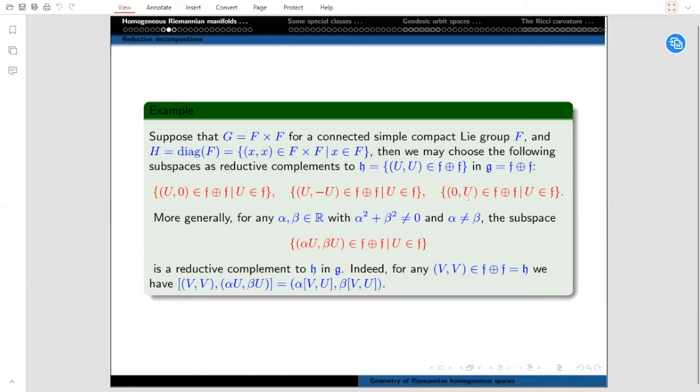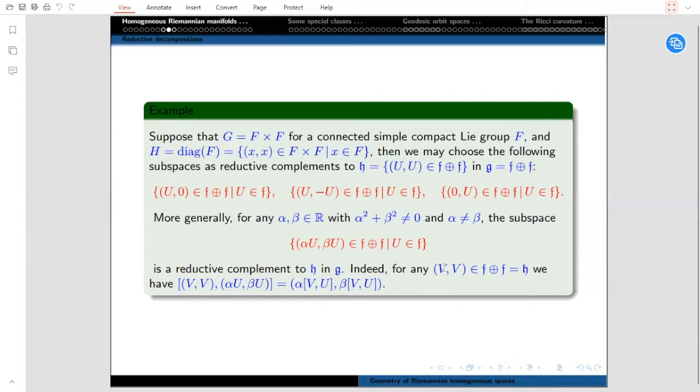It's also a reductive complement to this subalgebra in the Lie algebra G. Moreover, if we take any real numbers alpha and beta, not simultaneously 0 and non-equal, then the subspace of type (alpha u, beta u), it's easy to check that it's a linear subspace, is a reductive complement to this algebra H in G. Yes, really.